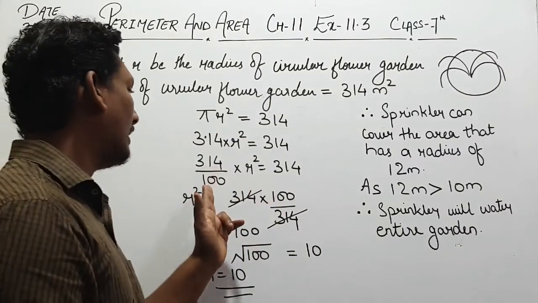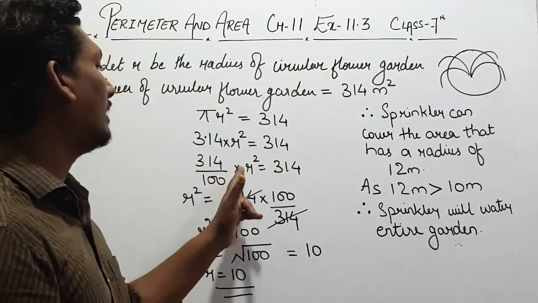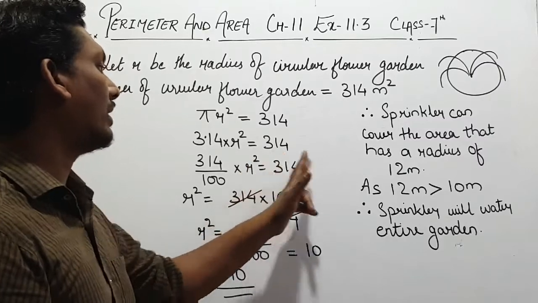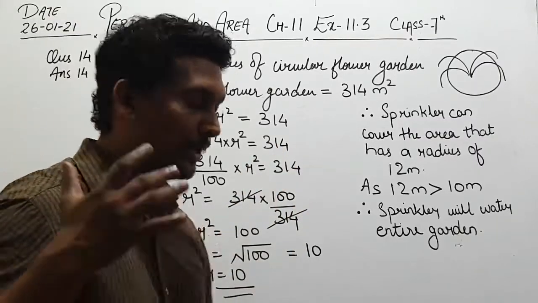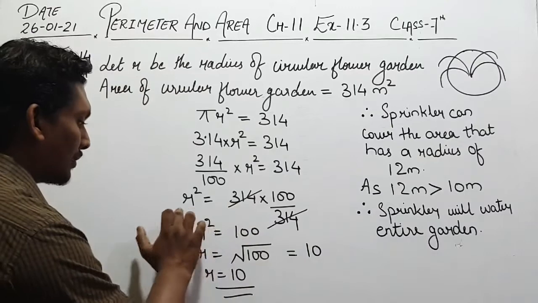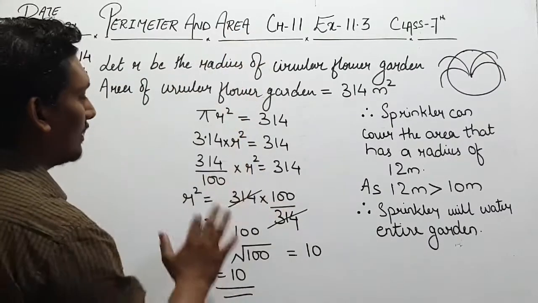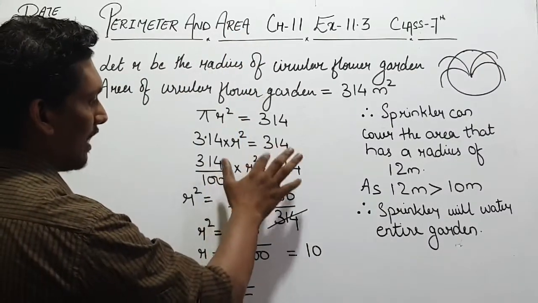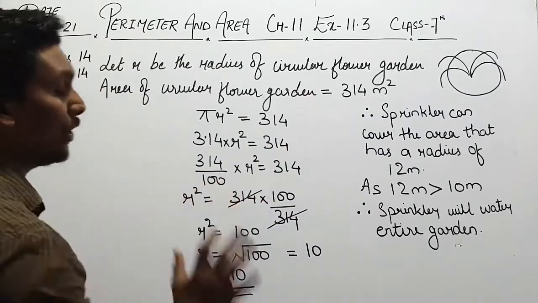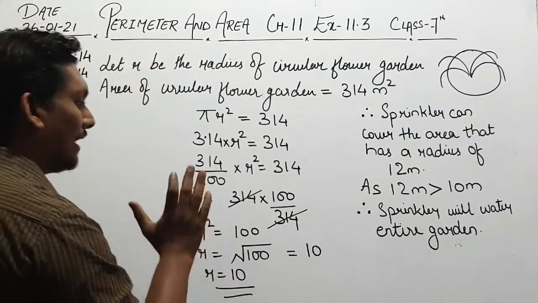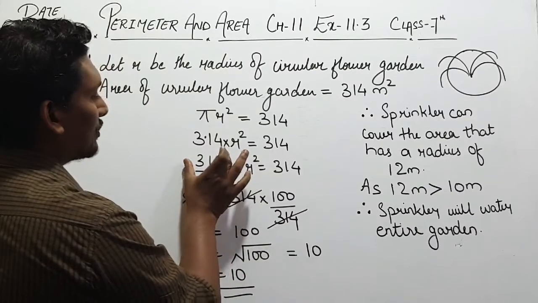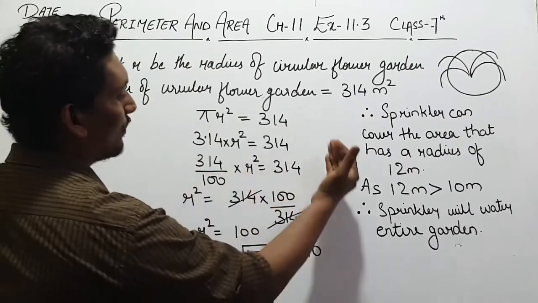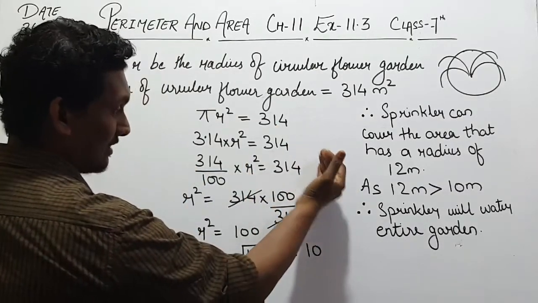So 314 upon 100 into r square is equal to 314. We have to find the value of this r square. We have to find the radius. According to the formula, we are having r square here, so we are going to find the value of r square. For finding the value of r square, we have to shift this 314 by 100 to the RHS side.